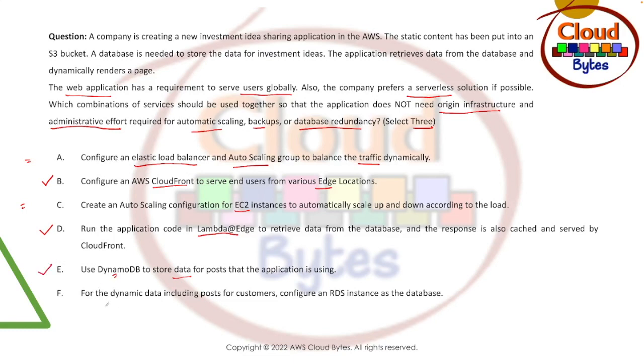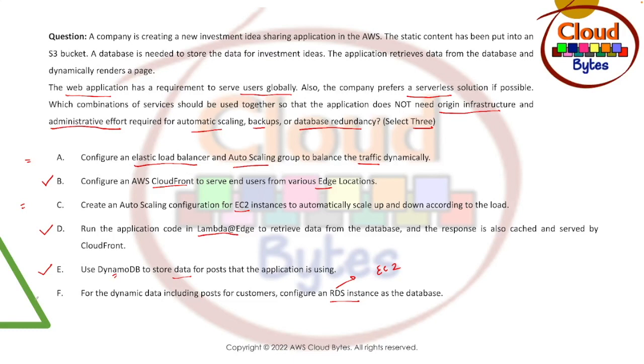Let's look at the last one. For the dynamic data, including posts for customers, configure an RDS instance. Now, RDS under the hood is an EC2. Even though you are saying it's an RDS instance, if you remember when you start an RDS, you define what size of EC2 instance you want, what kind of instance you are looking for to host your RDS.